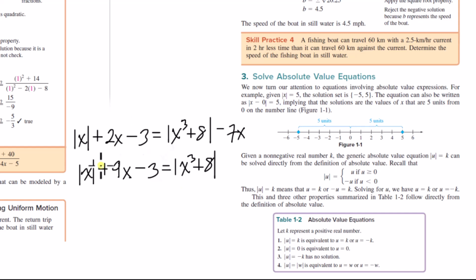Now, since we have two absolute values here, it's going to be more than just two scenarios, because we have to think about what about when they're both positive, or both negative, or when one is positive and one is negative. So there are going to be more scenarios in that case. But all we're going to be doing is solving separate equations and getting certain values. The values we get aren't necessarily going to be solutions, but they'll have us very close to getting the solution. I'll explain what I mean in a second.